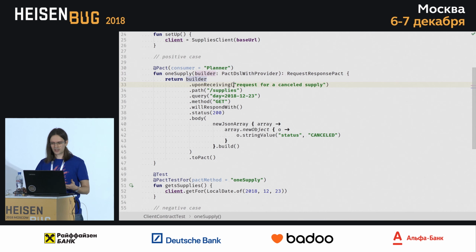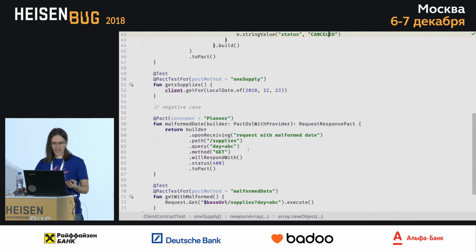I assign a description to this interaction and say what the endpoint is, so what parameters are expected, and, by the way, the method should be GET. If the fake server sees a matching request, I configure it to respond with HTTP 200, and I have a DSL for configuring what the response will be. Here I say that in this case, I want the server to return an array with one object with a field status with value cancelled.